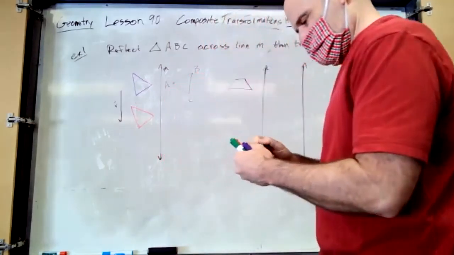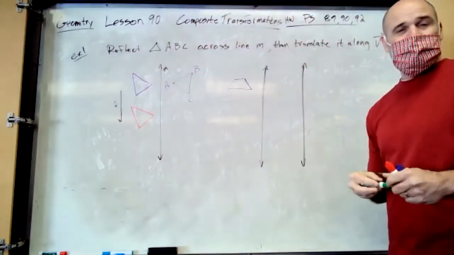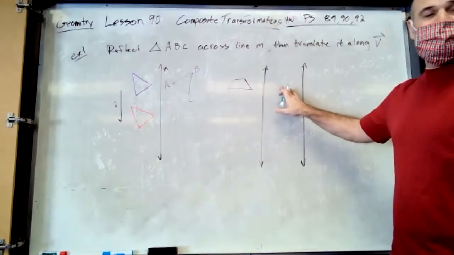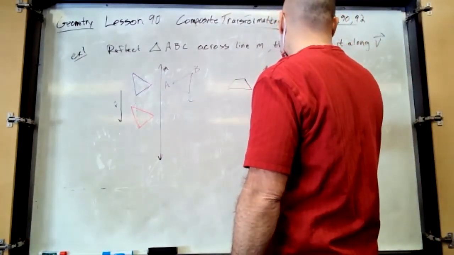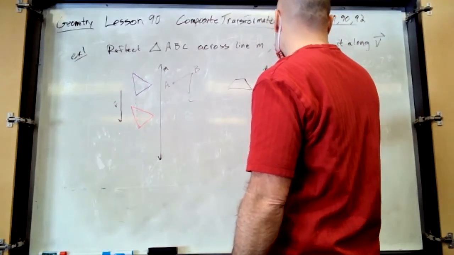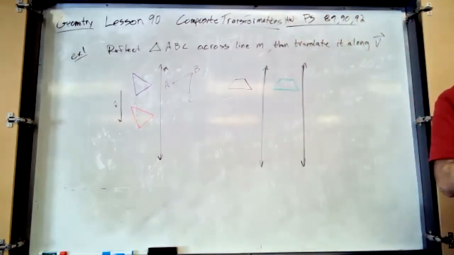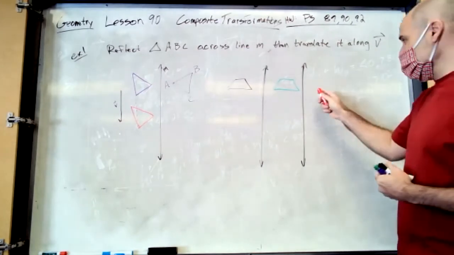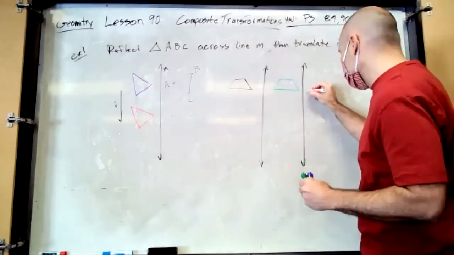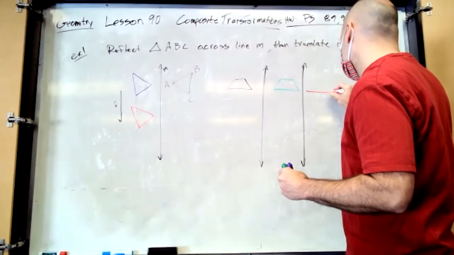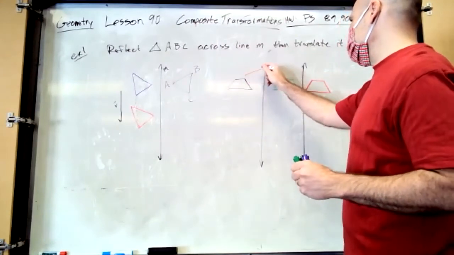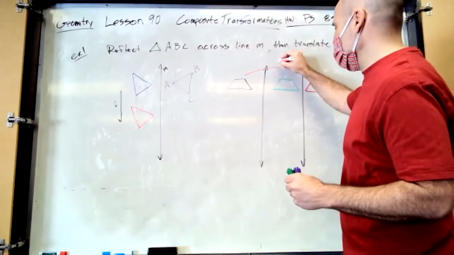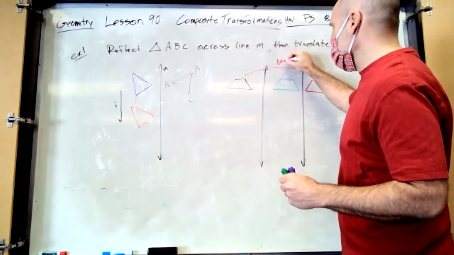Okay, so let's reflect it across this line first. So it looks like this, right? And then I'm going to reflect this across this line, so that's a little bit closer here. So it ends up being, what is that? That's just a translation. It just shifted. That's just a translation.